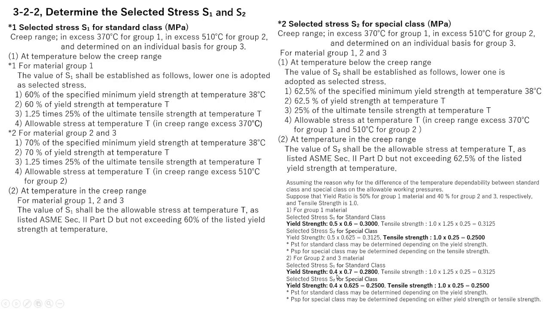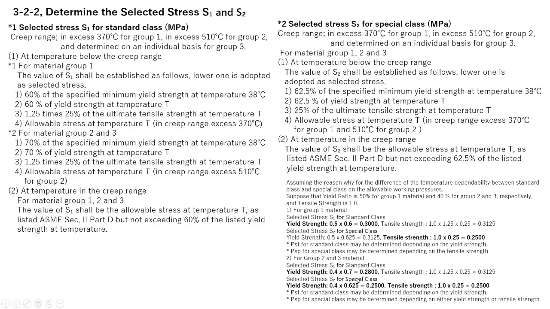So multiply 0.7 equals 0.80. How about tensile strength? 1.0 multiply 1.25 times 25%. So 0.3125.